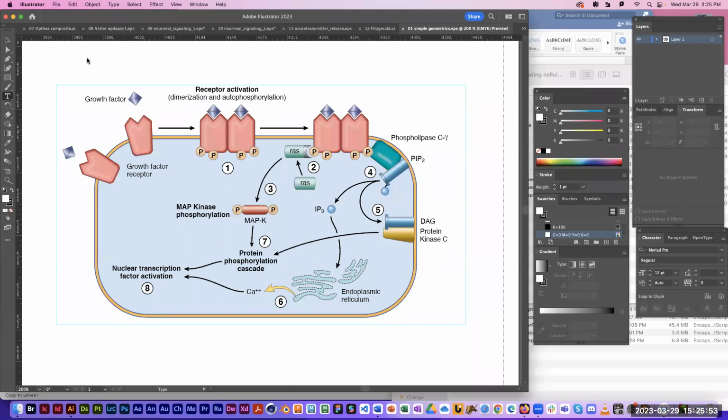The same way somebody could put up a really simple schematic of a liver, and you would immediately recognize that it was a liver just from its shape, or a kidney, or a brain, or a spleen. The goal is to get to that point where people will begin to recognize common molecules based on their shape. Now, you might not be able to tell one receptor tyrosine kinase from another.